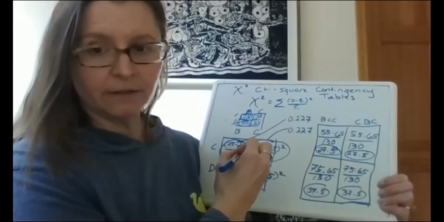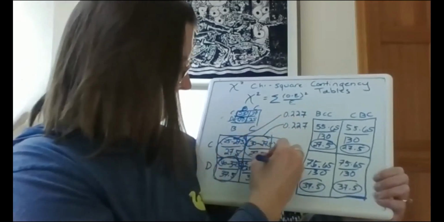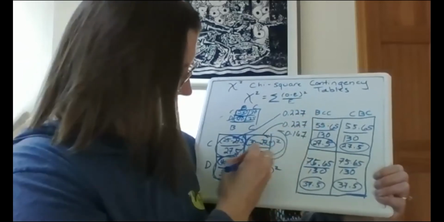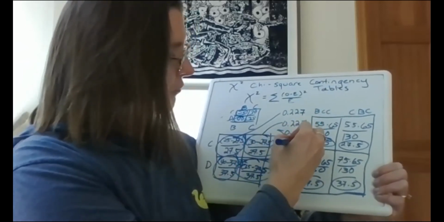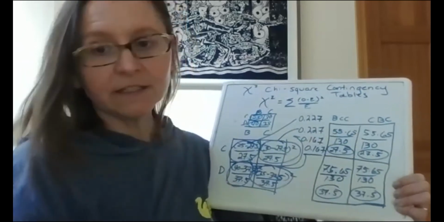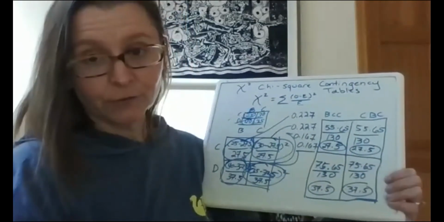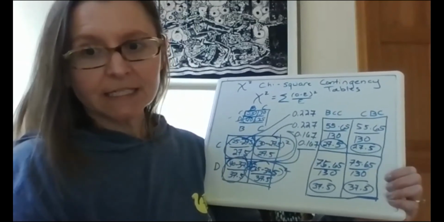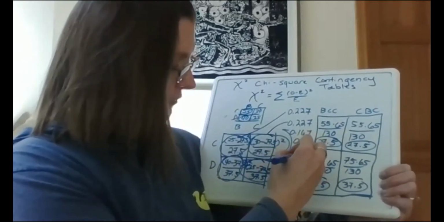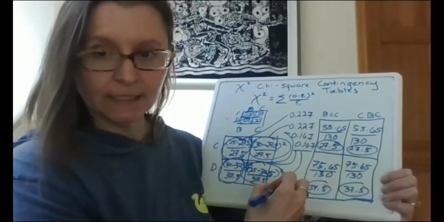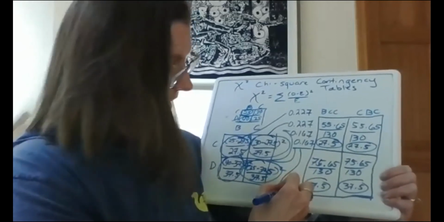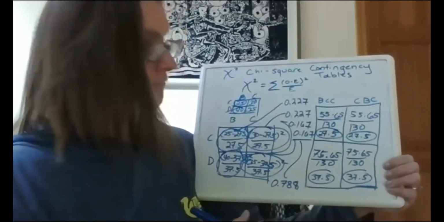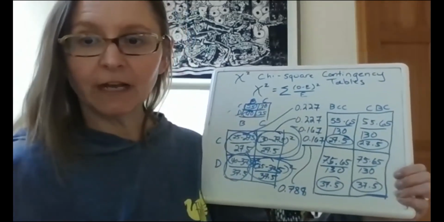From this cell, you get 0.167, and from this cell you get the same thing, 0.167. And then it's just a matter of adding all of those values up. And as you can see, just by eyeballing it, you're going to get something less than a value of 1. And in fact, the grand total is 0.788. Okay? So that's what you end up getting for your chi-squared value.